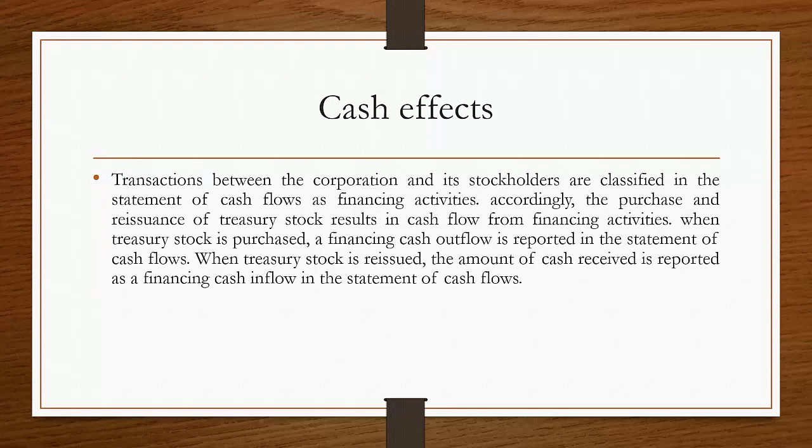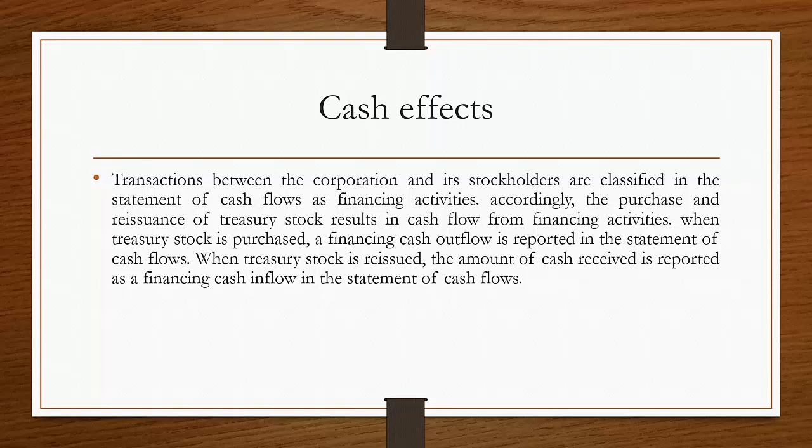When we talk about cash effects, transactions between the corporation and its stockholders are classified in the statement of cash flows as financing activities. Accordingly, the purchase and reissuance of treasury stock results in cash flow from financing activities. When treasury stock is purchased, a financing cash outflow is reported in the statement of cash flows.